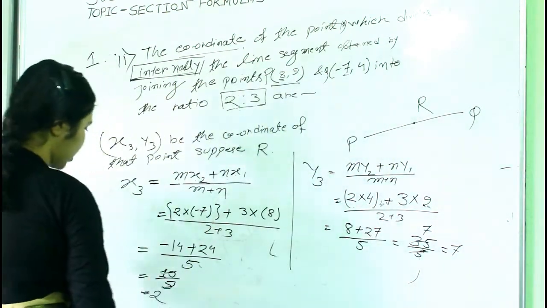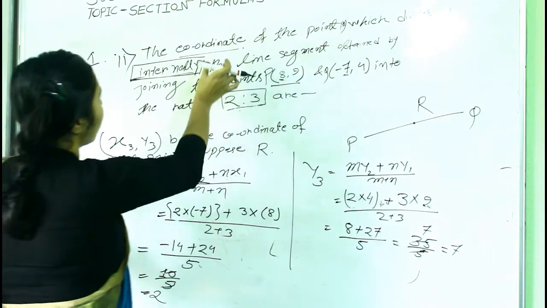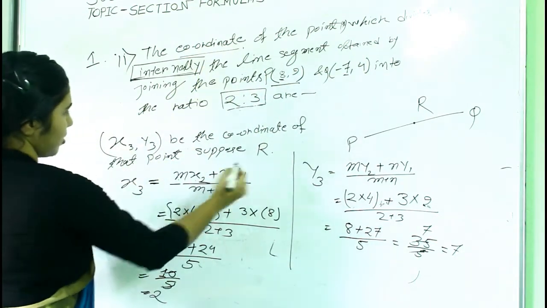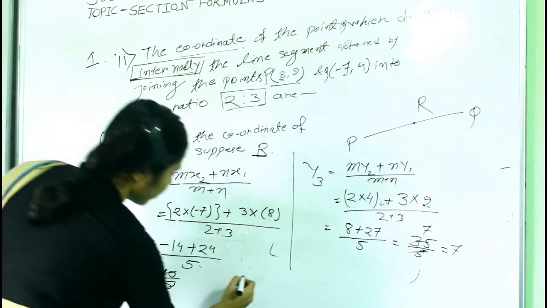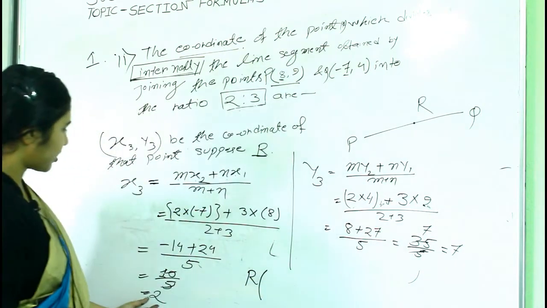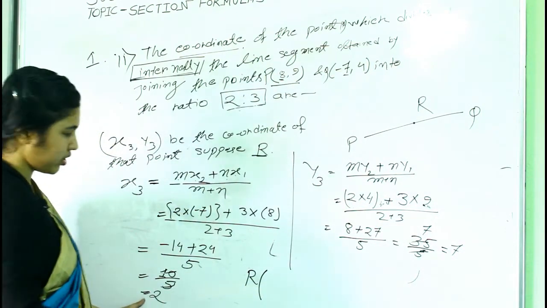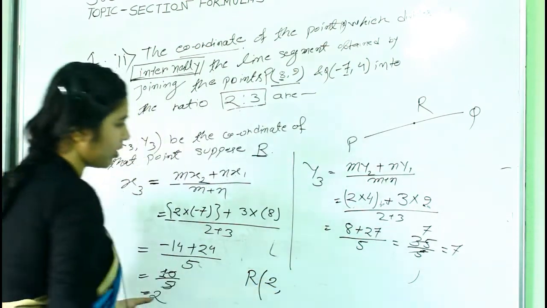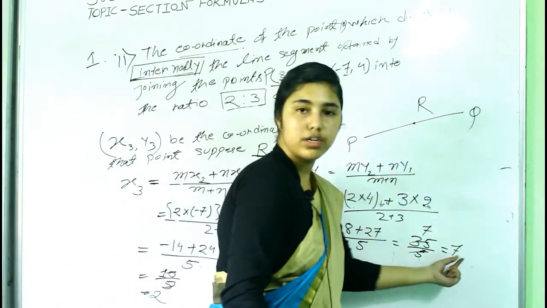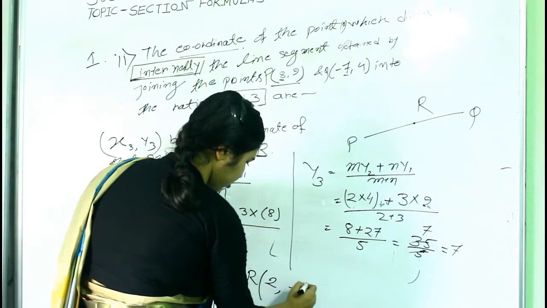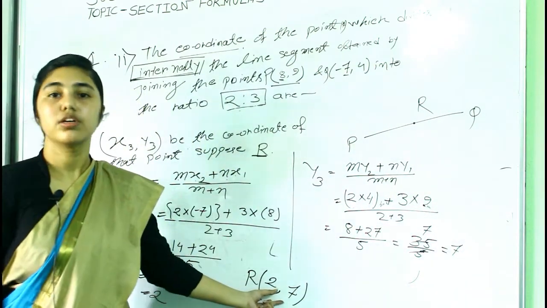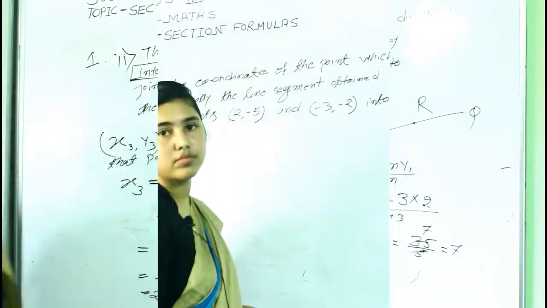So our required coordinate of the point R is x coordinate x3 = 2, y coordinate 7. So our answer is (2, 7).